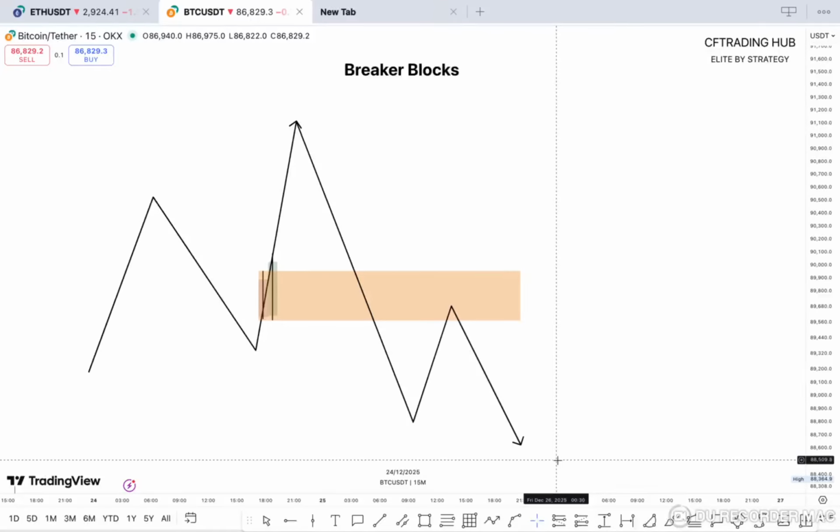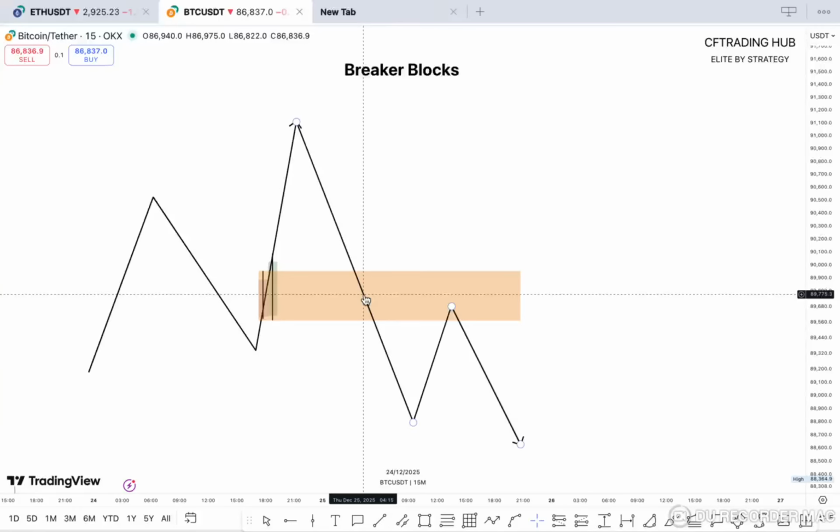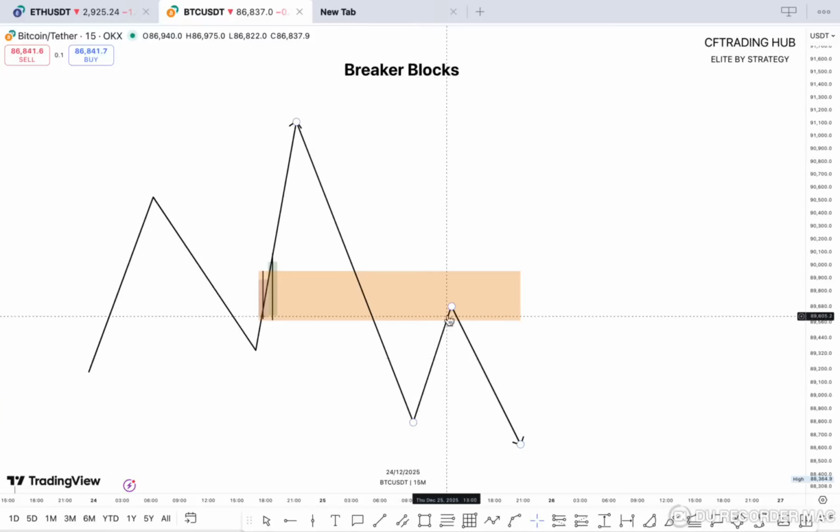The moment the displacement happens and breaks the order block, it flips role from a bullish order block to a bearish block. So instead of coming here and respecting it as a bullish block, it's flipped role the moment displacement broke through it.